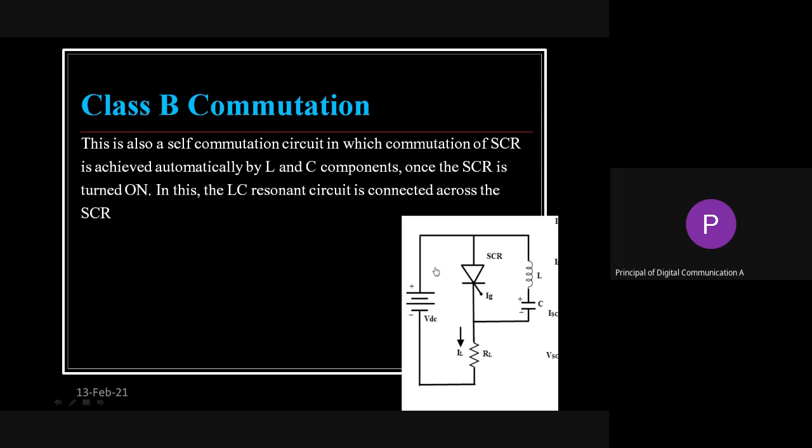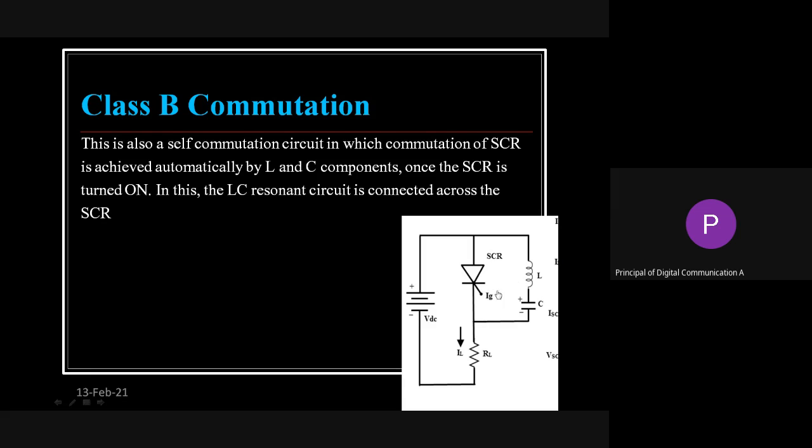Now when the capacitor reaches the maximum plus VDC, it will get a path. As this SCR is on, the capacitor will start discharging through L and this SCR, in this one loop, if you can see the cursor.